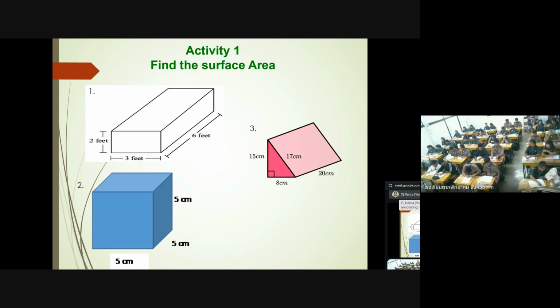Draw it, solution, answer. Draw, solution, answer. So number 1 is cuboid, number 2 is cube, and number 3 is triangular prism.